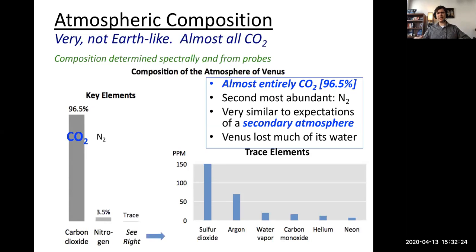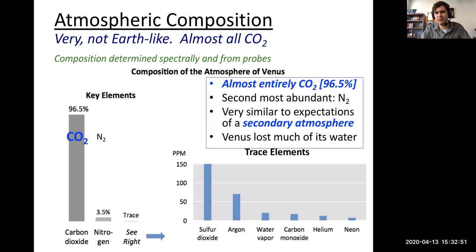That's what's expected from what we would assume a secondary atmosphere to be like, just minus all the water, because it has almost no water at all. Remember, Earth had a pretty variable amount of water. Okay, so almost entirely carbon dioxide, 96.5%. What's gas number 2, the second most abundant one? Nitrogen, N2, which is Earth's most abundant gas.